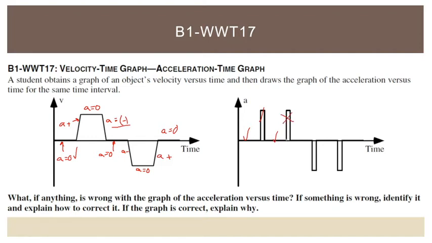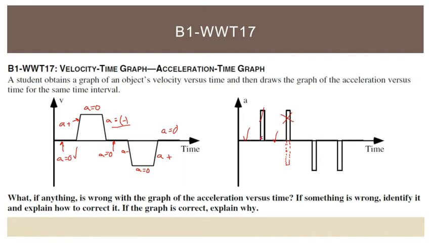This is wrong. It's supposed to go like this, because the fact that they sped up and then slowed down means the acceleration should be in opposite directions. Notice, and this is like a small detail, but when we were talking about acceleration versus time graphs the first day when we started to cover graphing in more detail, we said the area under the curve for an acceleration versus time graph is a change in velocity.